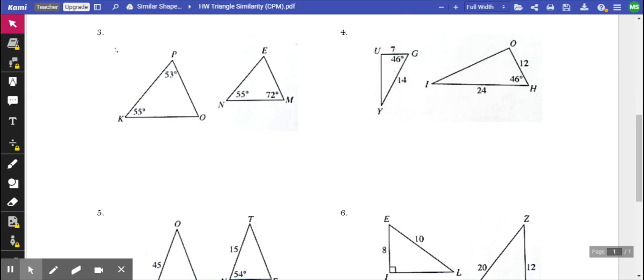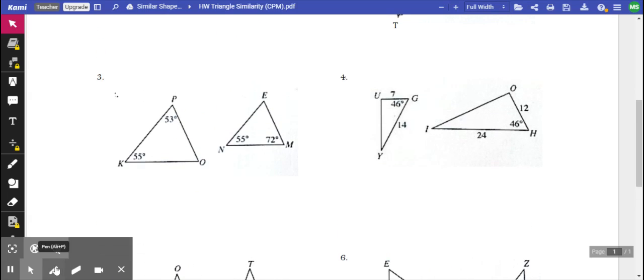For numbers 3 and 4, we're going to approach it very similarly. So we have angles showing in number 3. So if we look at these two shapes, we want to think about our triangle sum theorem here. So if I know I have a 55 and a 53 degree angle, I can do 180 minus 108, that total, and get this missing angle is 72 degrees.